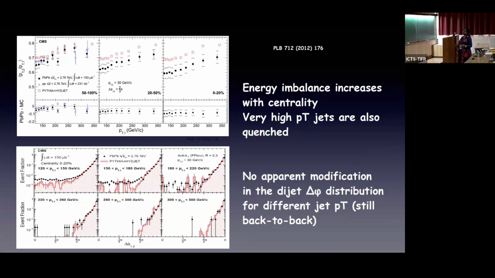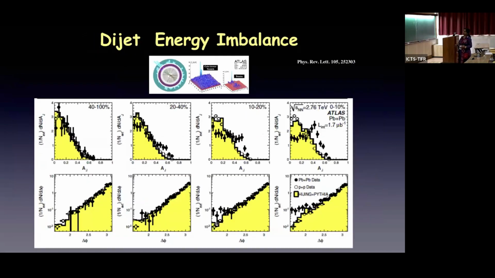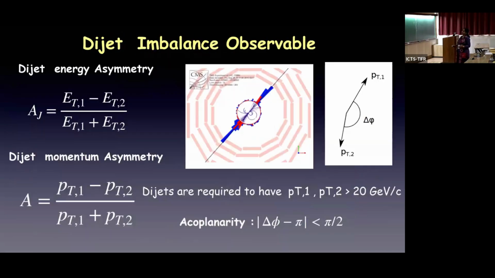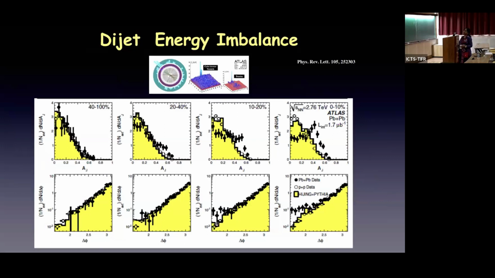Now let's see, when we are seeing this imbalance, whether there is any shift in the delta phi distribution, okay. So this was also first reported by ATLAS, whether the delta phi distribution changes with centrality or not.